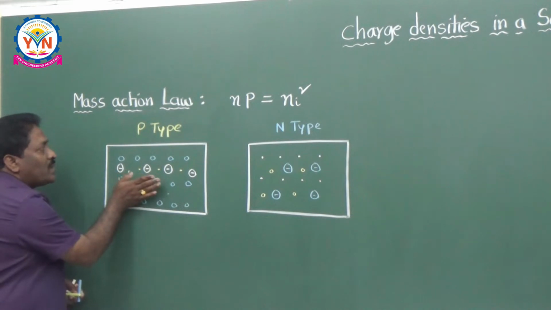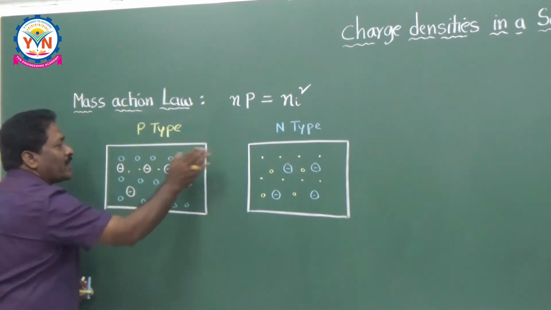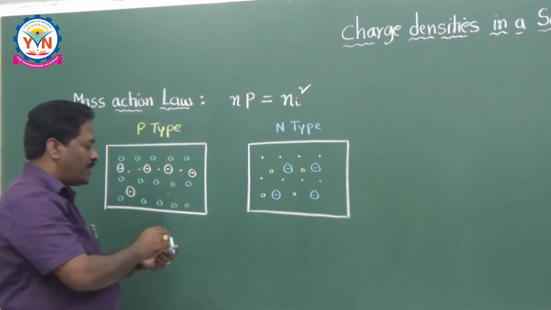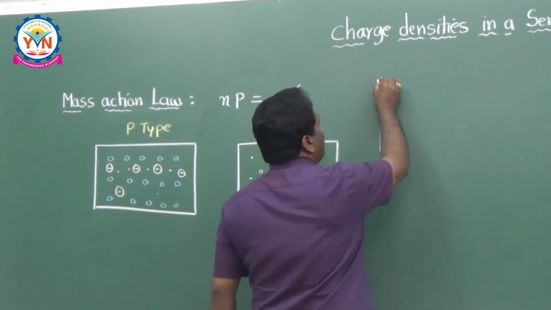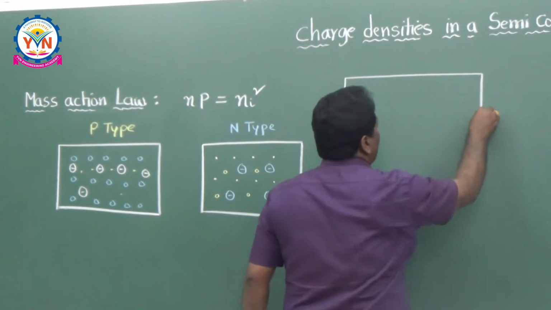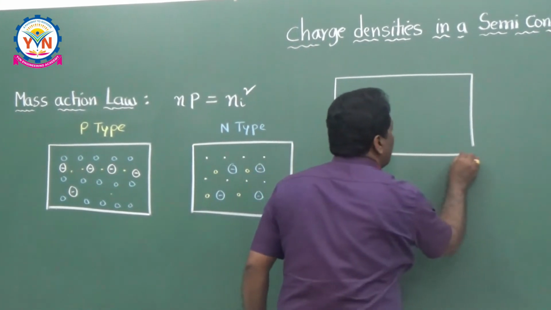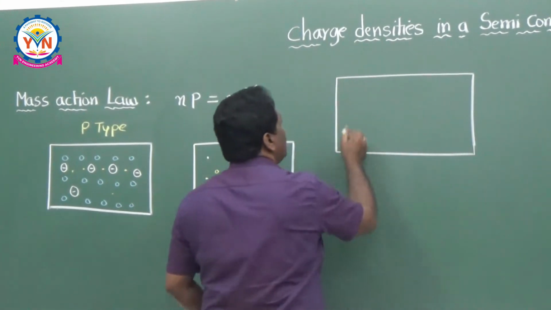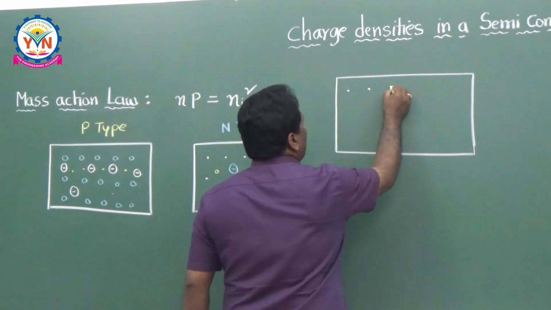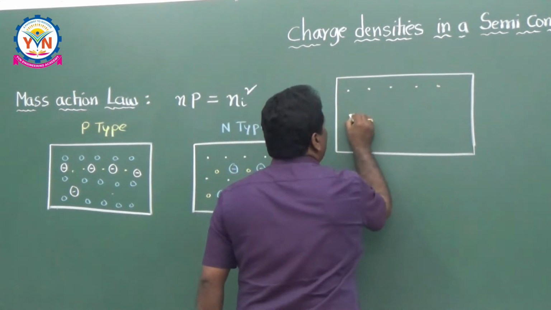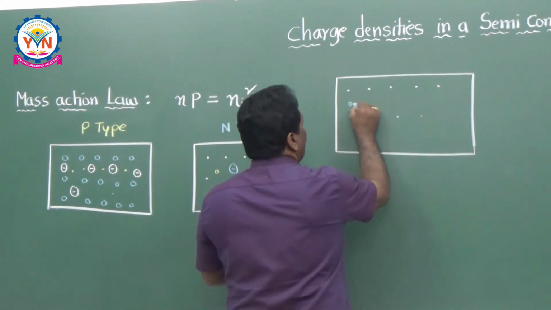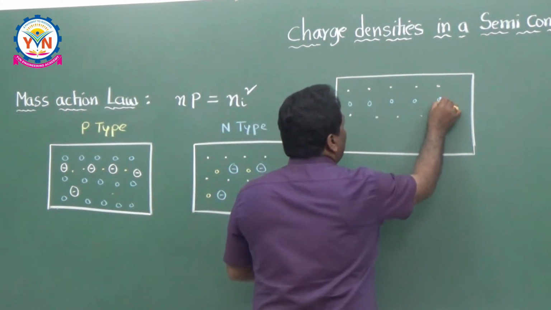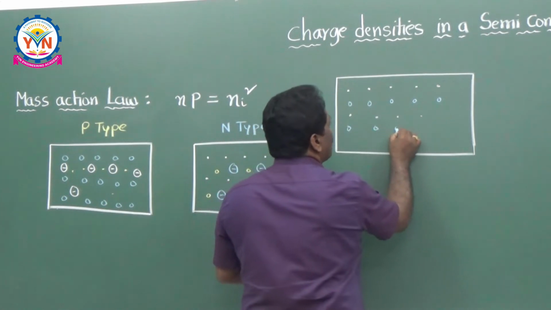And once you know these carriers inside the semiconductor, let me conclude like this. Let us take a semiconductor now. If you take a semiconductor like this, and you are taking the charge carriers inside, there may be electrons and as well as holes also. These are nothing but the holes. Holes will be there, and as well as ions also will be there.